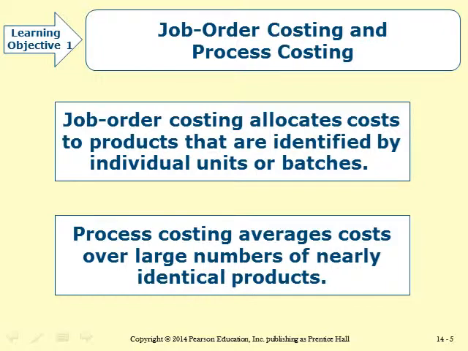For instance, we produce 100,000 gallons of some product, and it would be very difficult to distinguish between gallon number 1 and gallon number 9,999. And so in that case, we're accumulating and applying costs differently than we would be under job order costing.